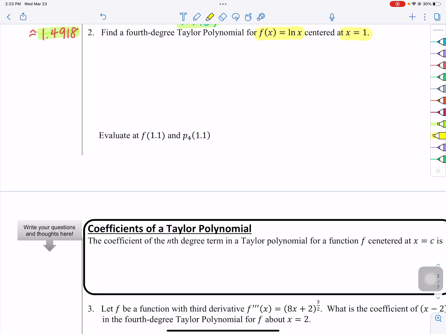I like to write these out first so that I see what I need. So the fourth degree Taylor polynomial is always the function value evaluated at the center.